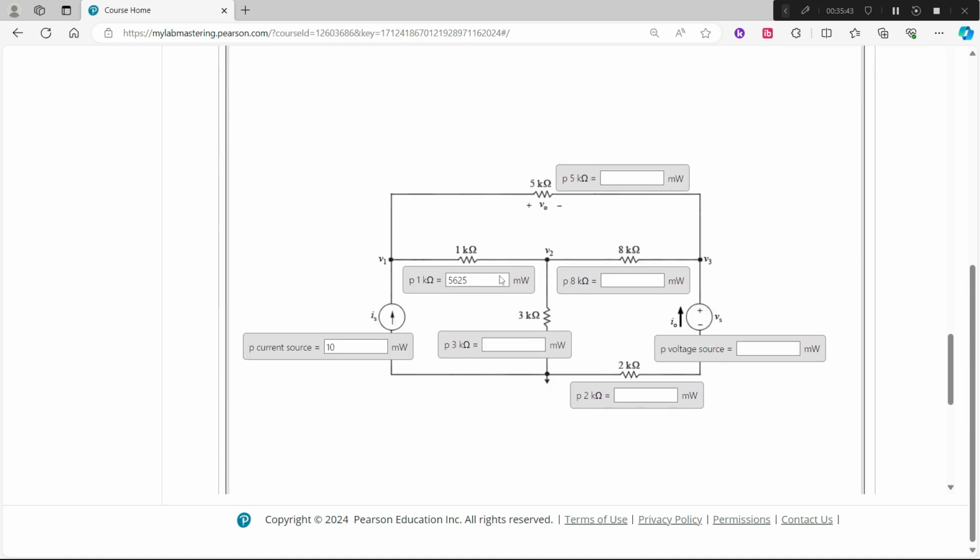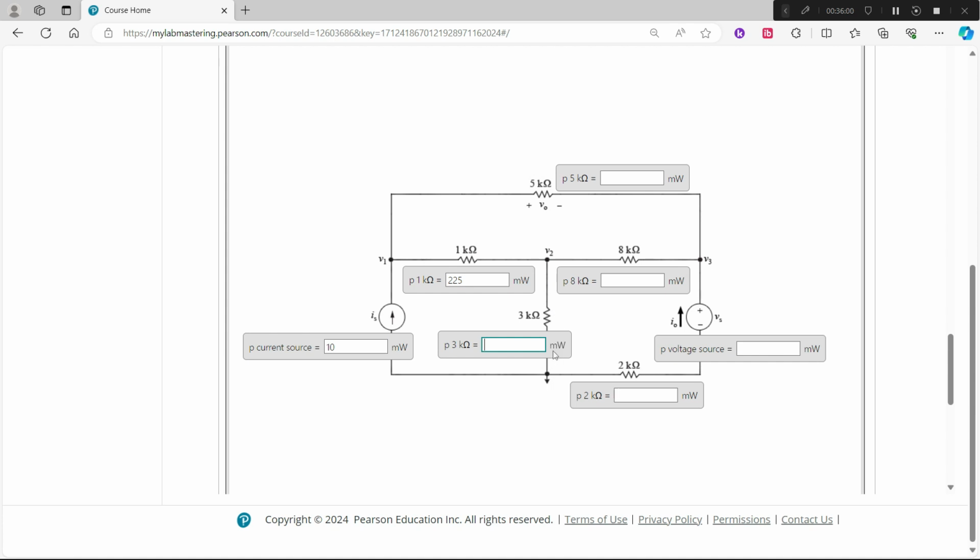Maybe we'll do the voltage drop, not the actual. So we'll do V1 minus V2. V1 minus V2 is 15 squared divided by 1,000, which is 225. This one's already 10.